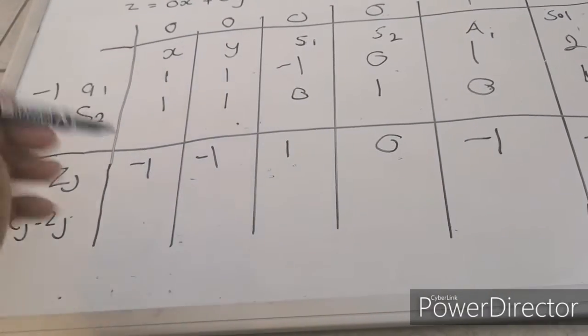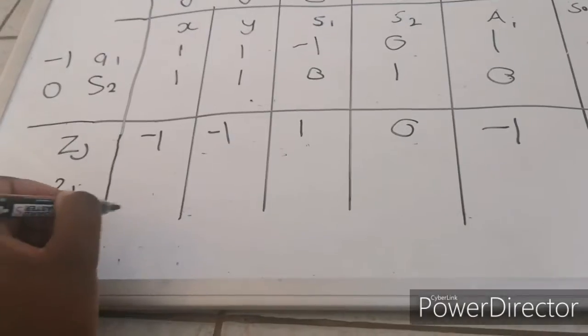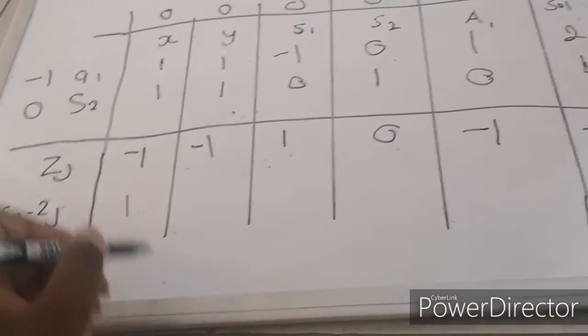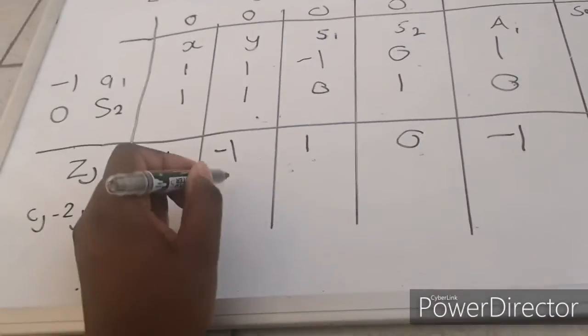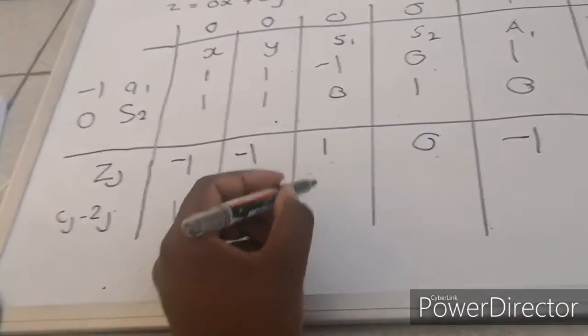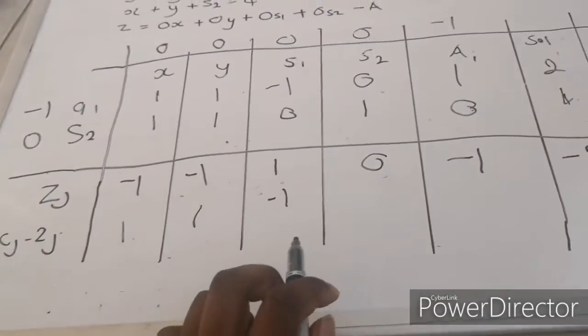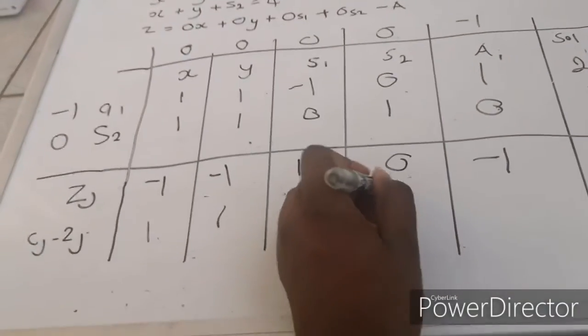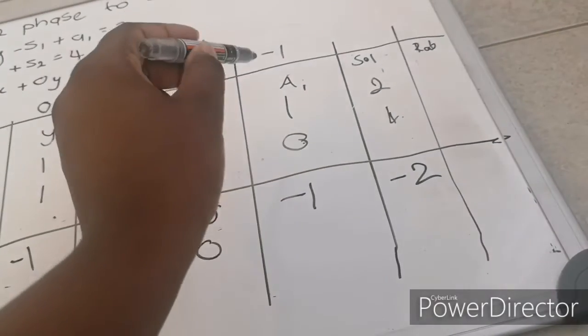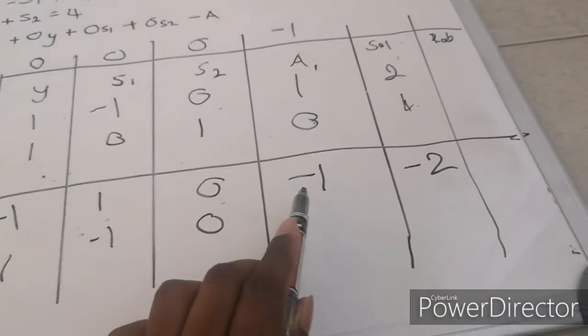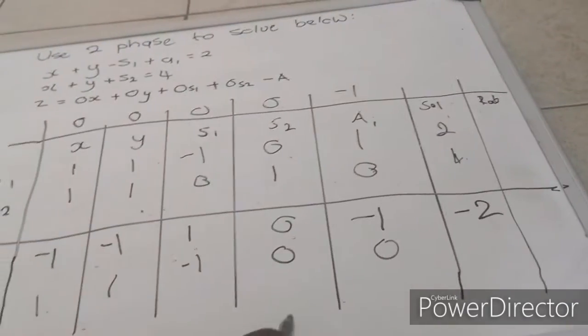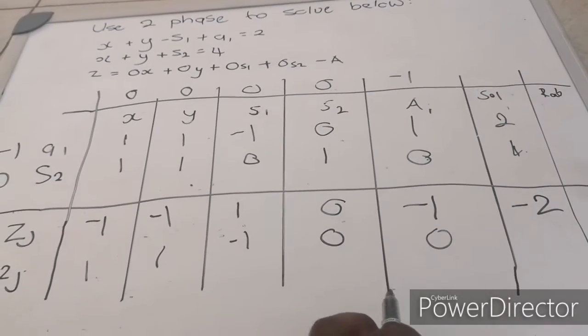So 0 minus -1 would always give us positive 1. 0 minus -1 will give us a positive 1. 0 minus 1 gives us a minus 1. And 0 minus 0 will give us a 0. And -1 minus -1 over there will give us a 0. Right.